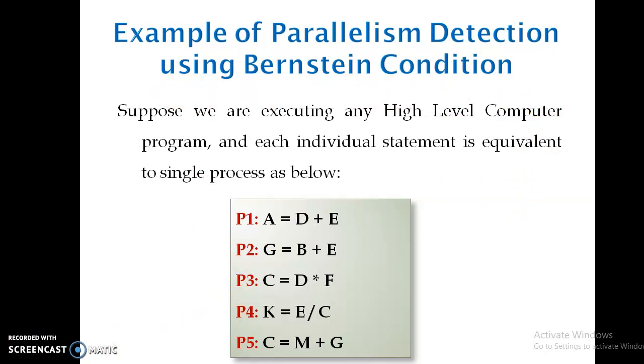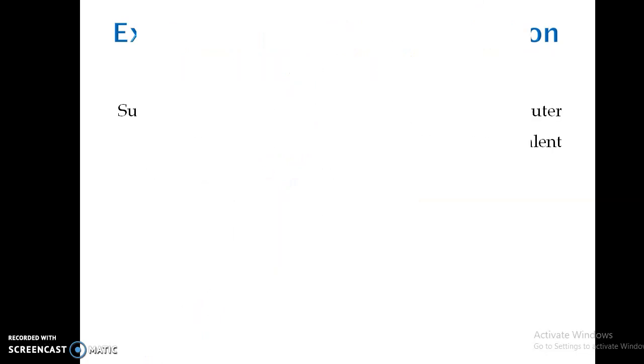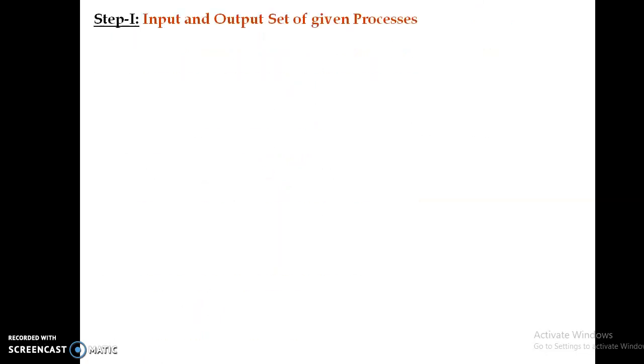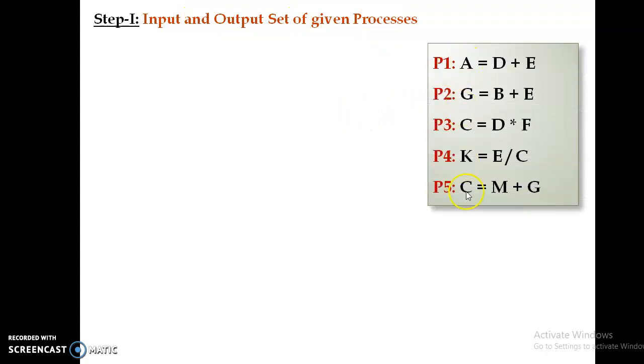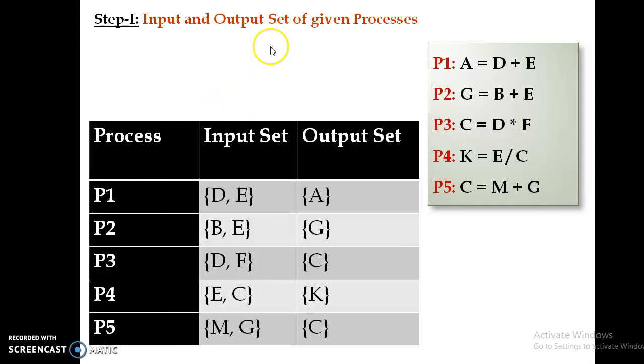To detect this parallelism, we should go through 2 steps. The first step is we should prepare the input and output sets of the given processes. The given processes are P1, P2, P3, P4 and P5. Now we have to prepare the input and output sets of the given processes like this.